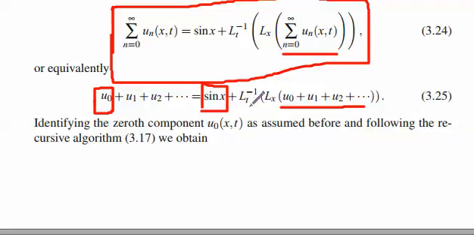And once you apply the operator on the zeroth order solution, in the next term, if you want to calculate this u1, we will integrate the sine x with respect to t.